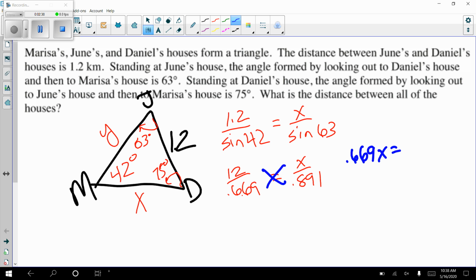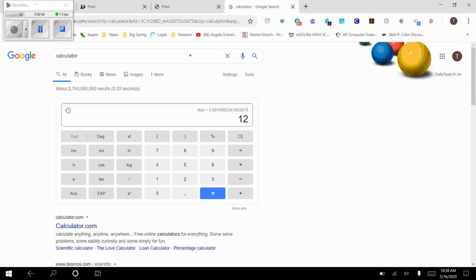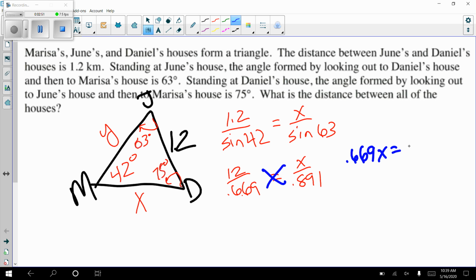I'm going to get 0.669x equals, and I've got to figure out 12 times 0.891. 12 times 0.891 is 10.692.